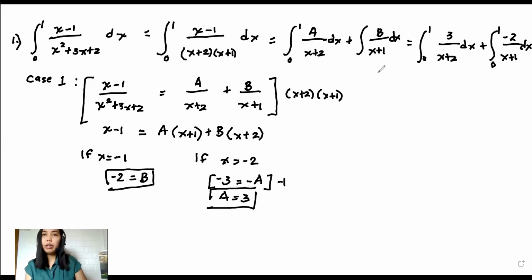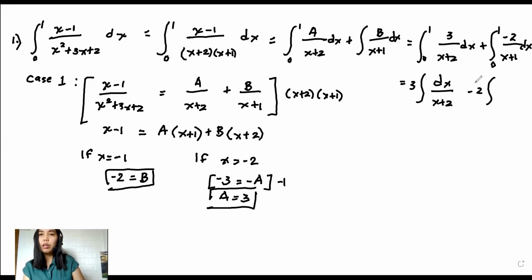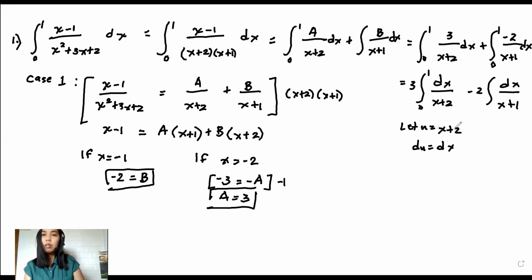Then we can now integrate. This is also equal to 3 times the integral of dx over x plus 2 minus 2 times the integral from 0 to 1 of dx over x plus 1. We're going to integrate this using substitution. We let u be equal to x plus 2, and the derivative of x plus 2 is dx.